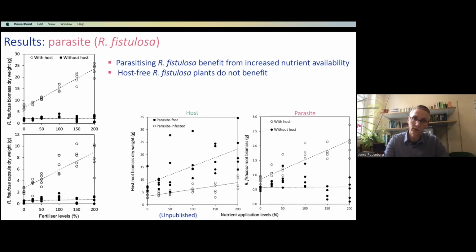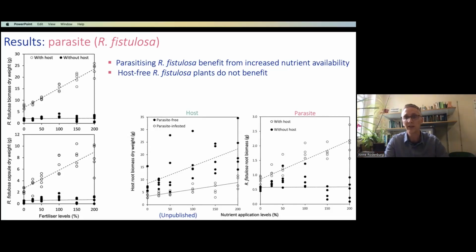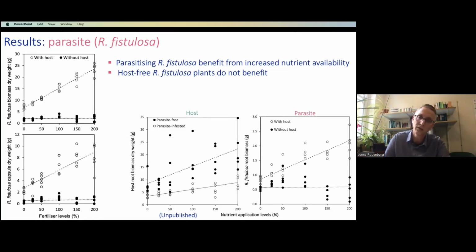And also on the host, the left-hand side of these two graphs, you can see that the parasite-free plants are responding to fertilizer increases, but also the parasite-infested ones, but the parasite-free ones are responding better.